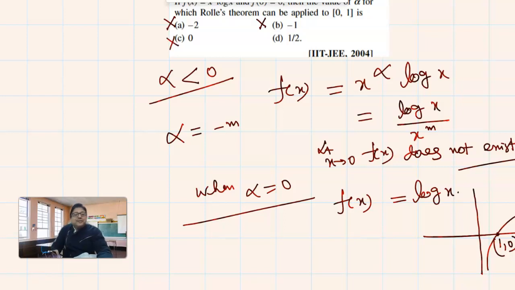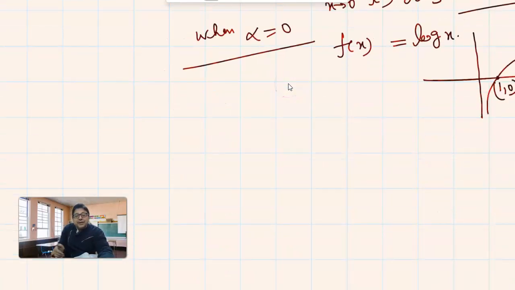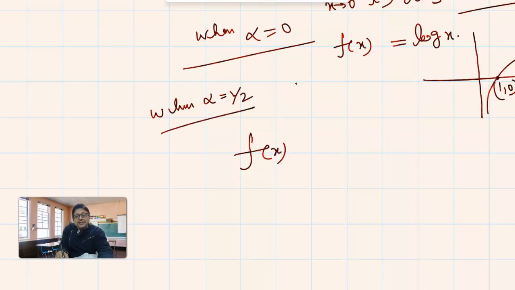So only one option is remaining out of 4. You will say that it is alpha equal to half. But you can check this also. Why for alpha equal to half, is Rolle's theorem applied for this function? Let us check. f(x) when alpha equal to half is x to the power half log x.